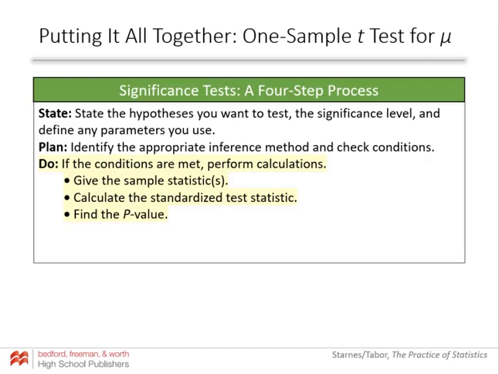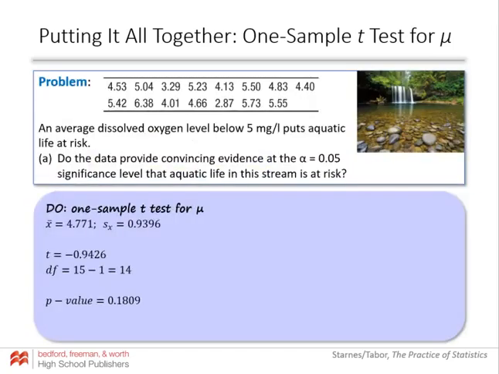All right, then for the do, this is the part where we're going to use the calculator, and we're going to write 3 things for this part. We're going to write the sample statistics, so the x-bar, the sample mean, and the sample standard deviation. We are going to give the standardized test statistic, which would be the t value, and then we're going to find the p-value.